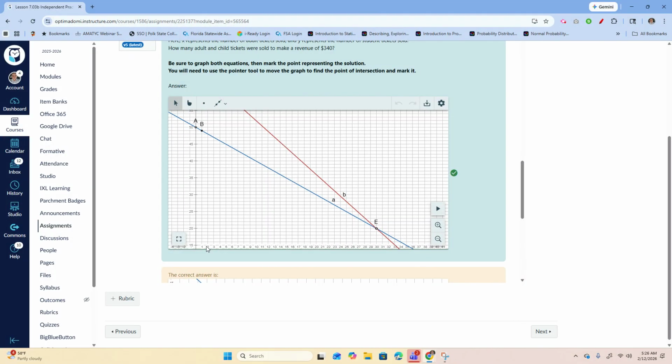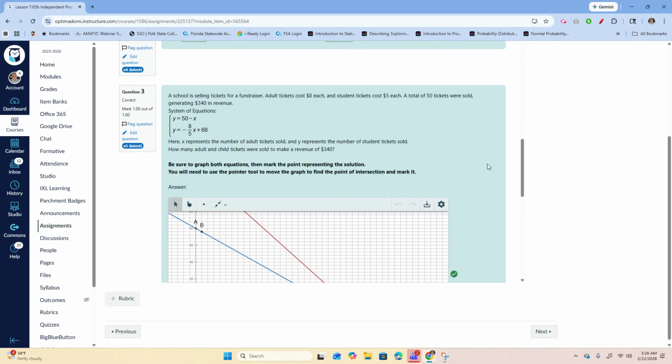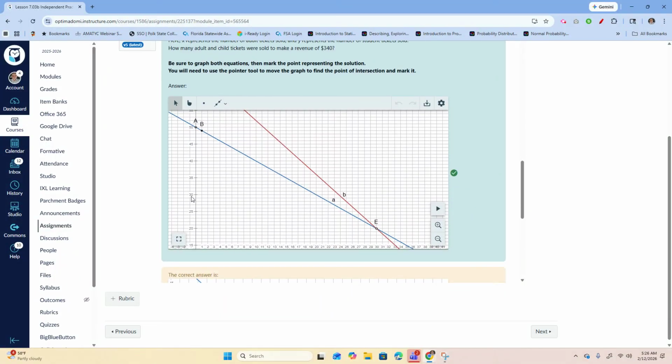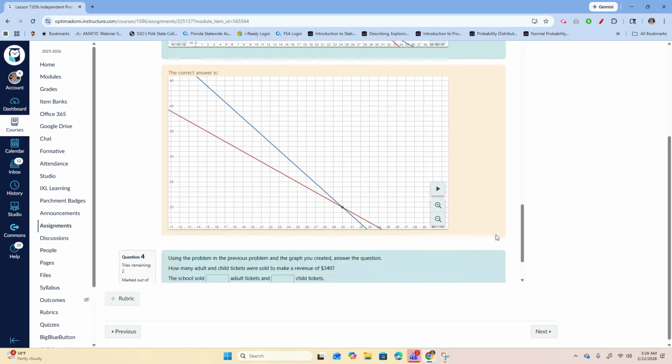So basically, the x-axis is how many tickets were sold, and the y-axis is how much money was made from selling those tickets. So when you see the point of intersection here, 30/20, it means that 30 tickets were sold and $20 were made. Or my bad.